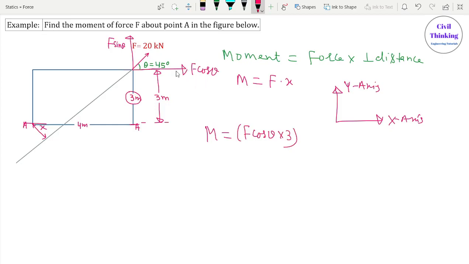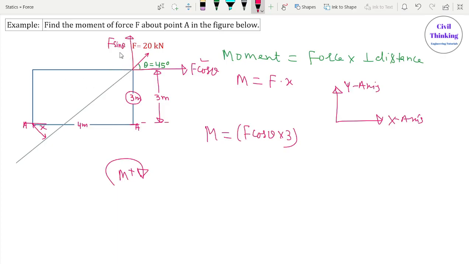Now the F cos theta will exert a moment like this, clockwise, right? If you don't know how it is going to exert a clockwise moment at this point, please comment. It is simple. You can see that this force is going to exert a moment like this, so it is clockwise. Now we found the moment due to the x component. Now let's see the moment due to the y component. The y component is F sin theta.